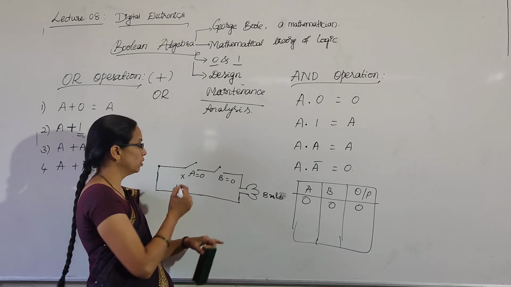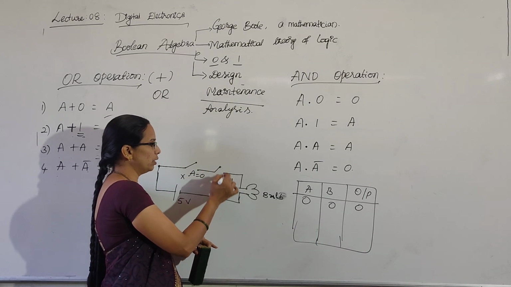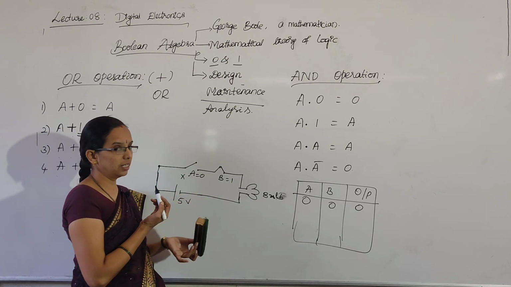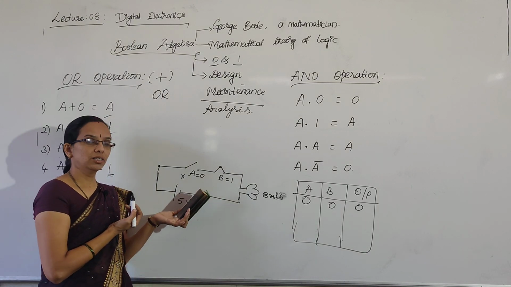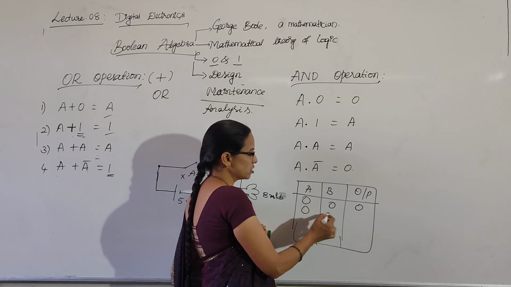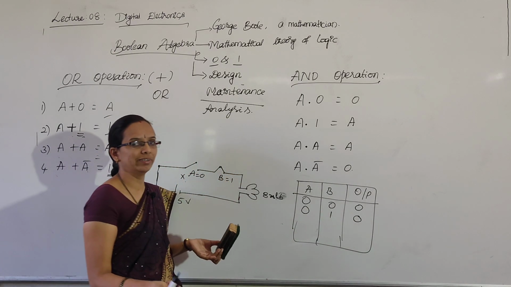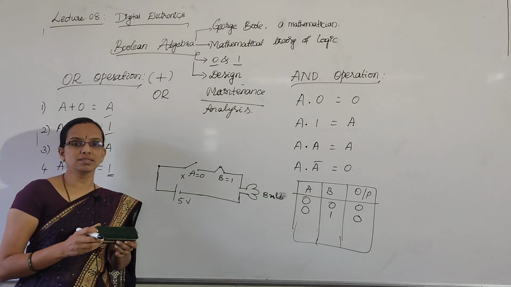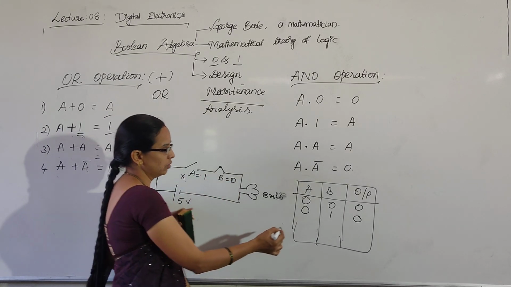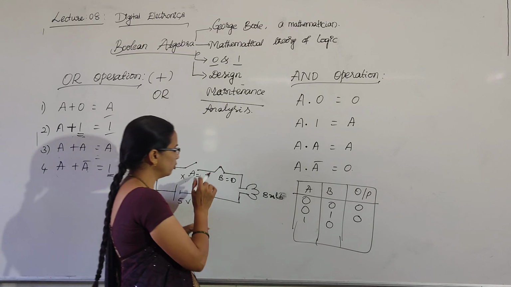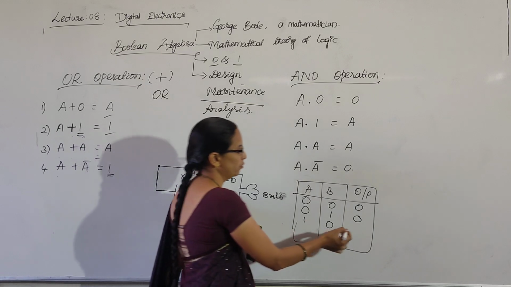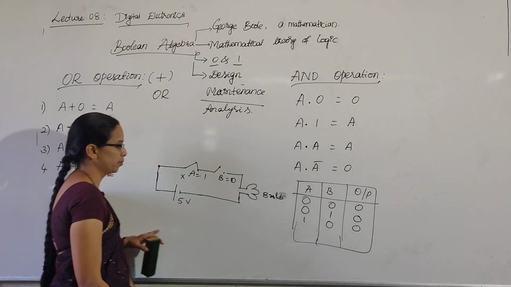If I make B equal to 1, it's a series circuit, so it will not find any path to flow. If any one of the switches is closed, the current will not flow, the output is 0 only. If I make A as 1 and B as 0, that time also the bulb will not glow because A is closed, B is open. Output will be 0 only.